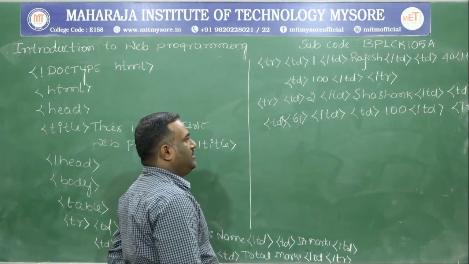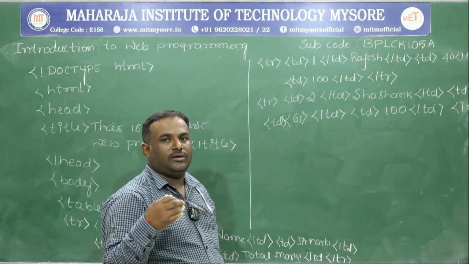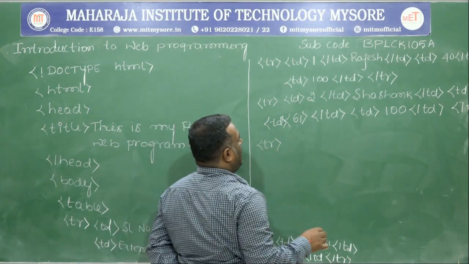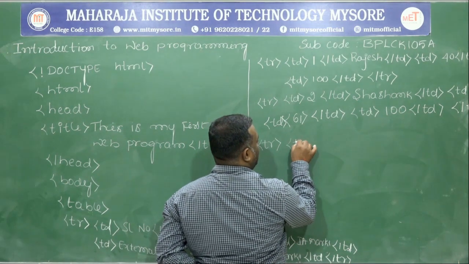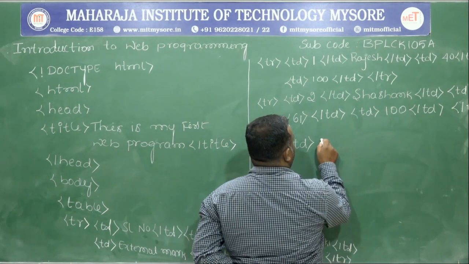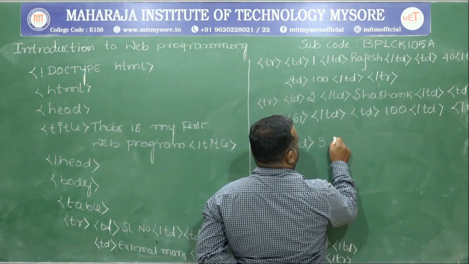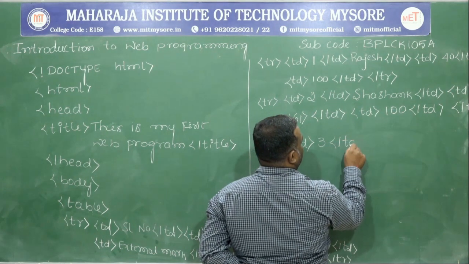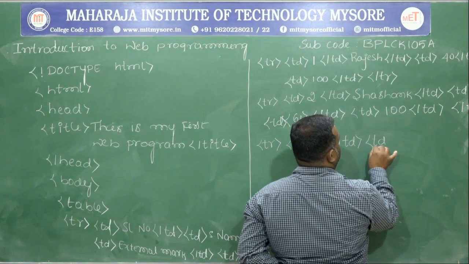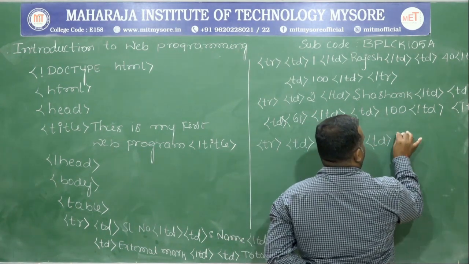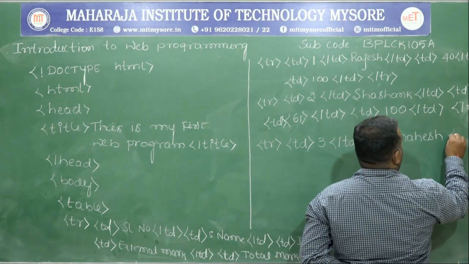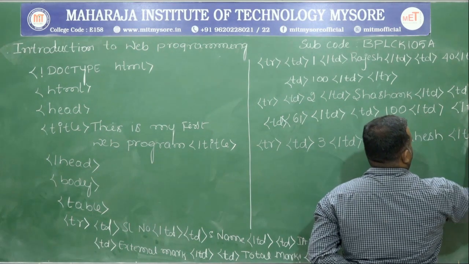Next I want to insert one more candidate's data by using the TR, followed by TD. The first field is serial number 3, and then end of the serial number data, and next followed by the candidate name, Mahesh, and then end of the Mahesh data.